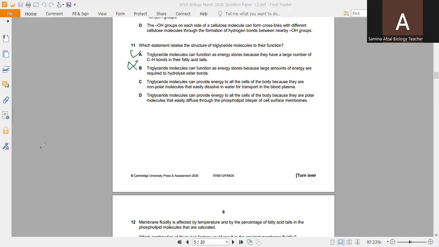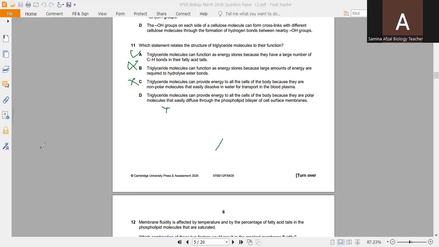Now, C, molecules can provide energy to all the cells of the body because they are non-polar molecules that easily dissolve in water for transport in the blood plasma. Triglycerides are entirely non-polar and hydrophobic, meaning they are insoluble in water and cannot dissolve in blood plasma.